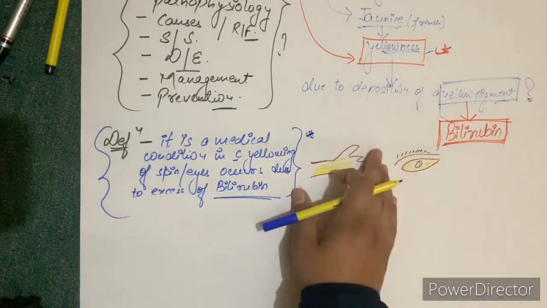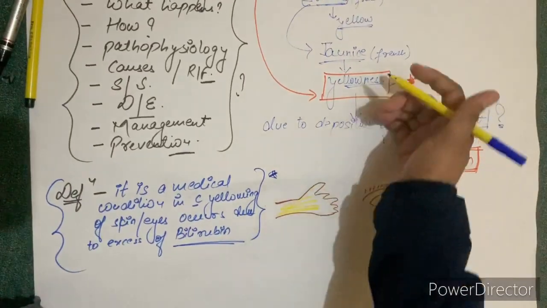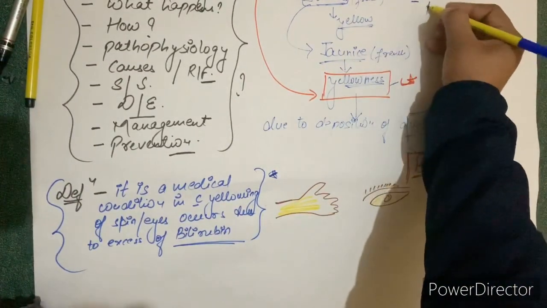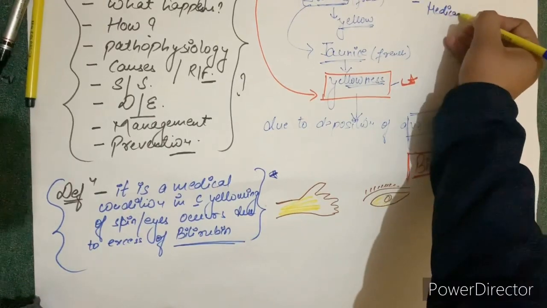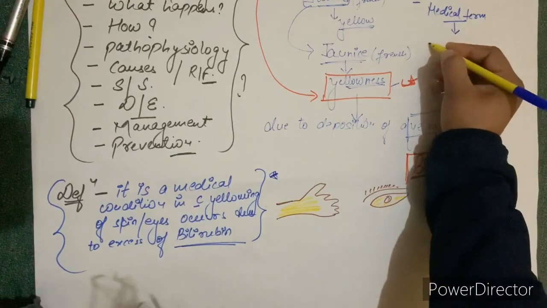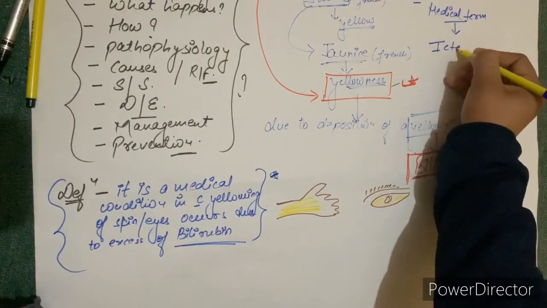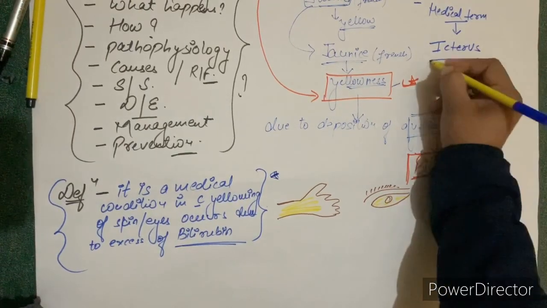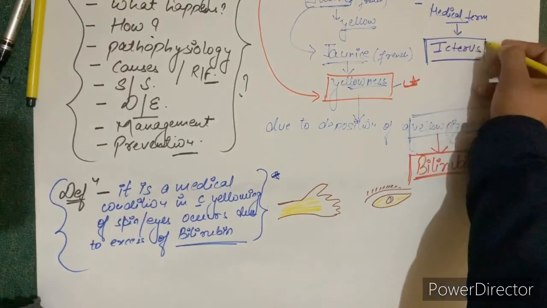Here I discuss a point in medical terms. In medical terms, jaundice is also known as icterus. So the word icterus is also used in medicine.